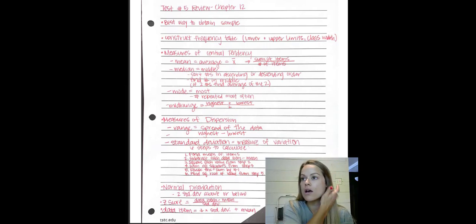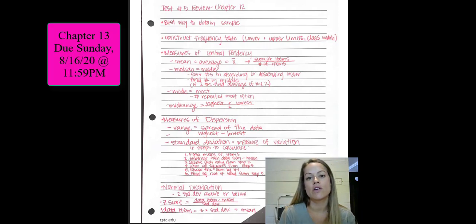And then Chapter 13 is the only thing that's left. Chapter 13 only has 2 homework assignments. There is no quiz. We don't do a quiz because Chapter 13 is over voting, and we don't even use these voting methods. The way that they do it now is completely different.